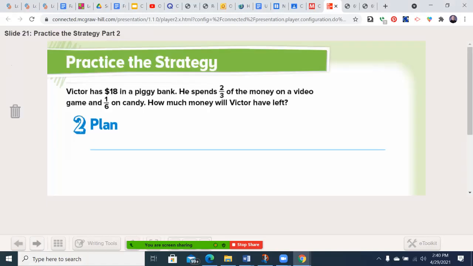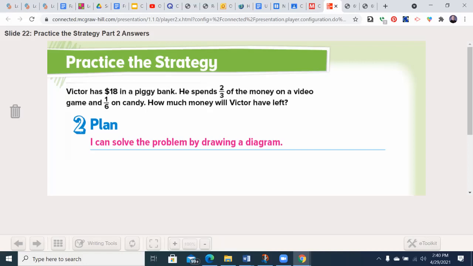So we're going to plan. We're going to draw a diagram, and that's our plan all the time. And if you want to, you can just write draw a diagram. All right, moving on.